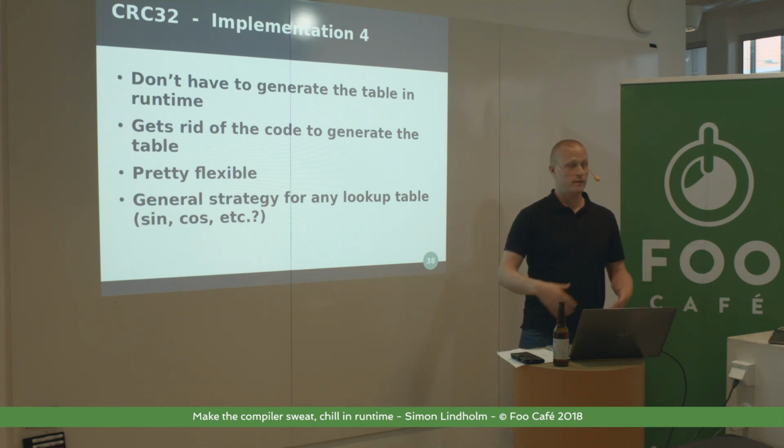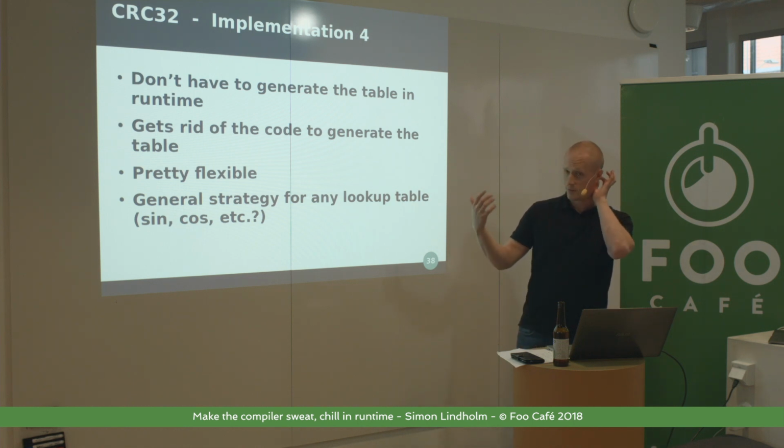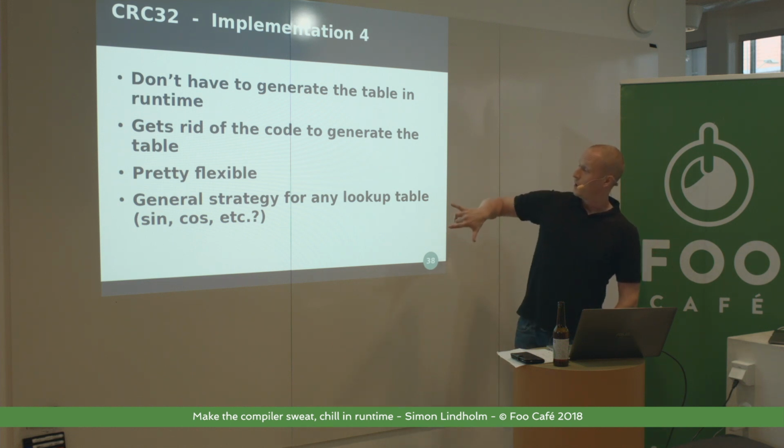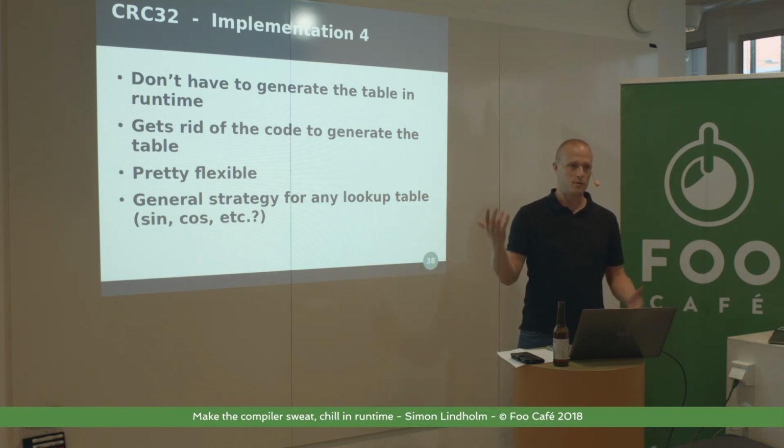And also, as I said before, the idea with this isn't that you're necessarily supposed to take this particular code, it's more, again as with the fashion show, general inspiration for stuff to do in compile time. And this particular thing is not limited to CRC32 by any means. You can use it for any lookup table.